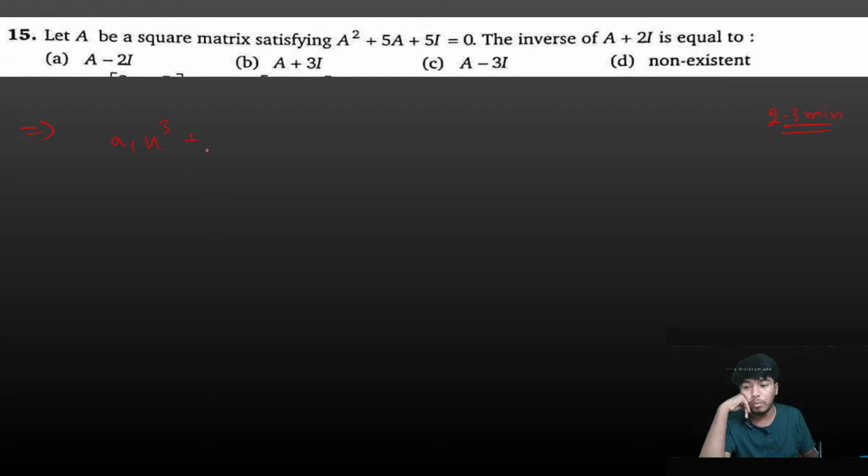Let's suppose the characteristic equation is a1 lambda cube plus a2 lambda square plus a3 lambda minus a4 equals 0. This is the characteristic equation of a 3 by 3 matrix.